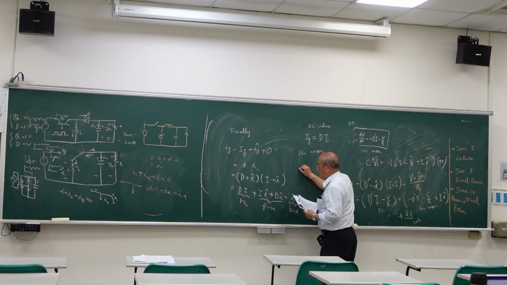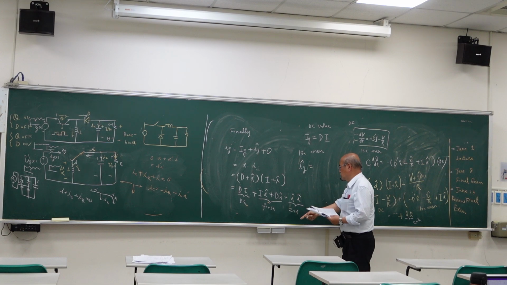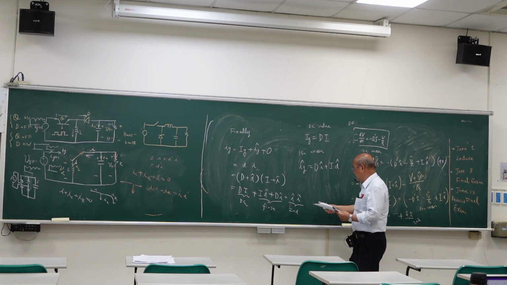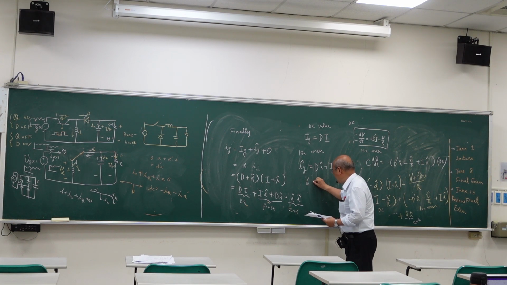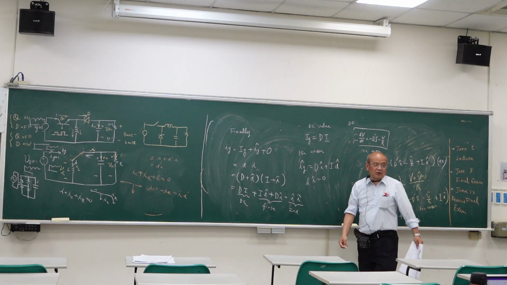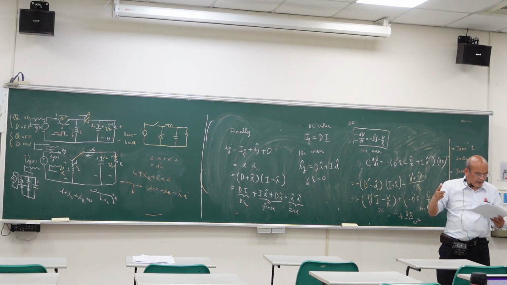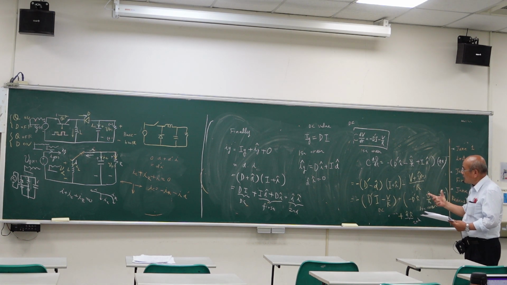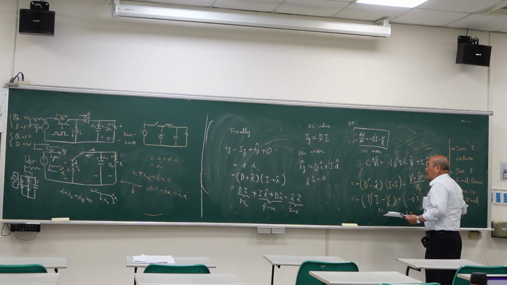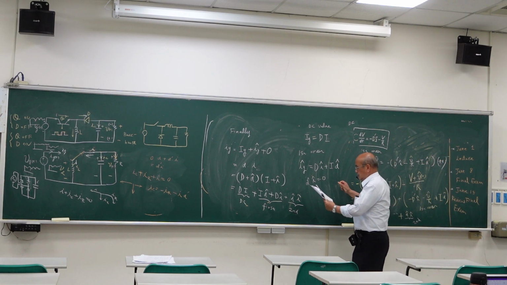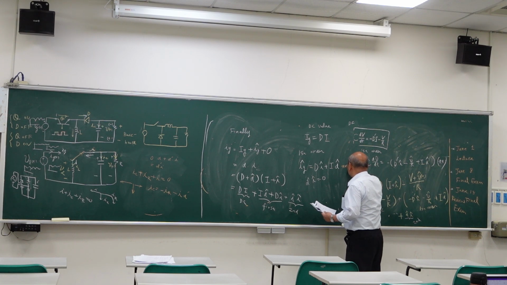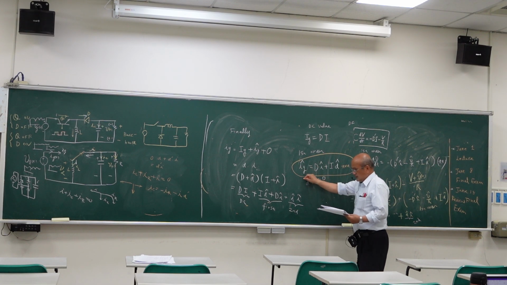IG hat equal to D I hat plus I D hat. How about the second order? D hat I hat equal to 0. So we have DC value, first order, and second order. But what we need is only first order.